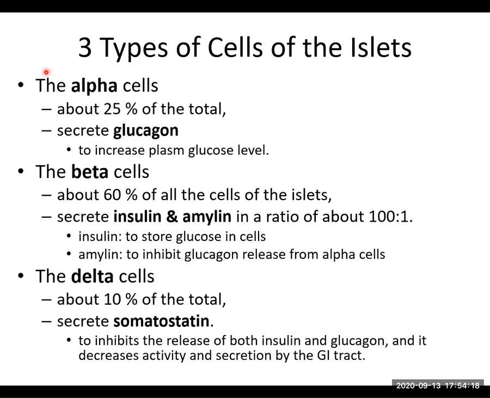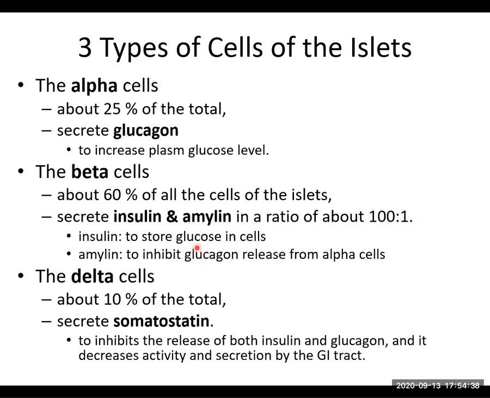The major one is the beta. 60% of the cells in the islet of Langerhans are beta cells. The major hormone is insulin. Beta cell produces insulin and amylin in a ratio of about 100 to 1.